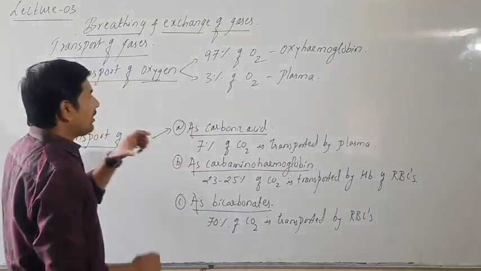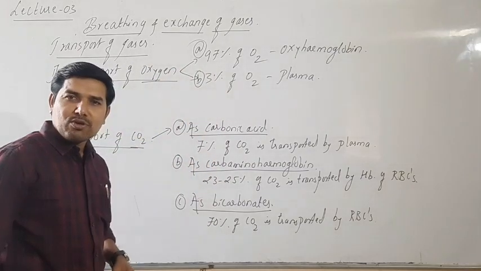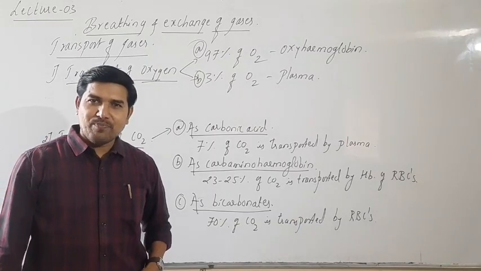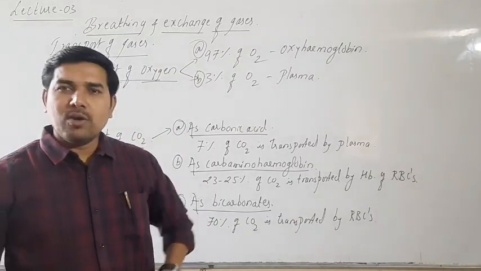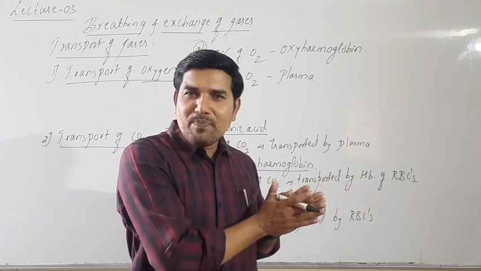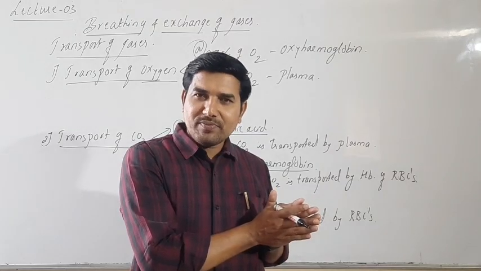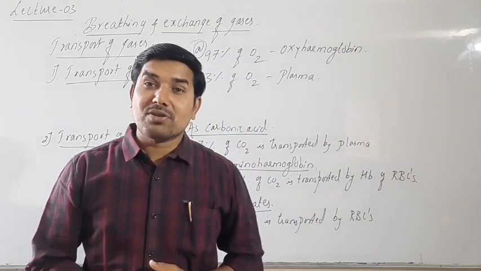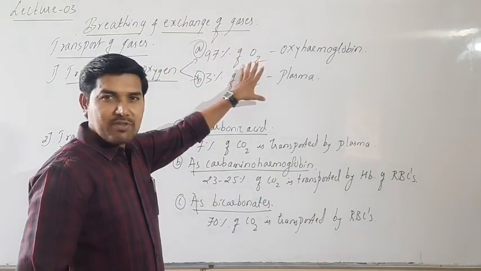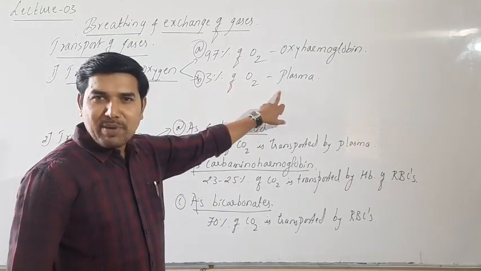Remember the first and second forms of transport of oxygen, and these are the three methods of transport of carbon dioxide. These are most important. 97% of the oxygen is transported by the hemoglobin of the RBCs of the blood in the form of oxyhemoglobin, and 3% is by plasma.